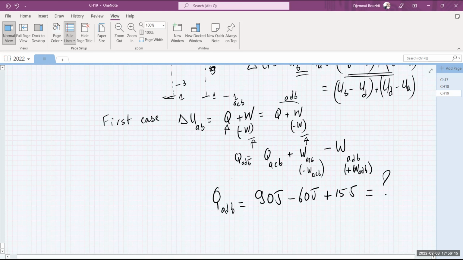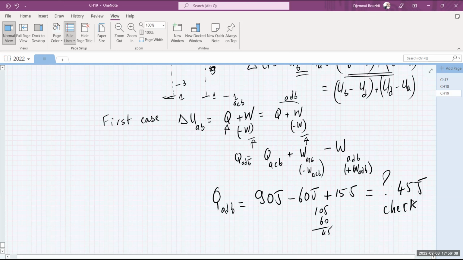Yeah, it sounds like, no, it's 45 joules. 45, because 105 minus 60 is 45. 45 joules. Please check this thing in here for us. Check it. 45, okay. So this is how much heat was added to this.